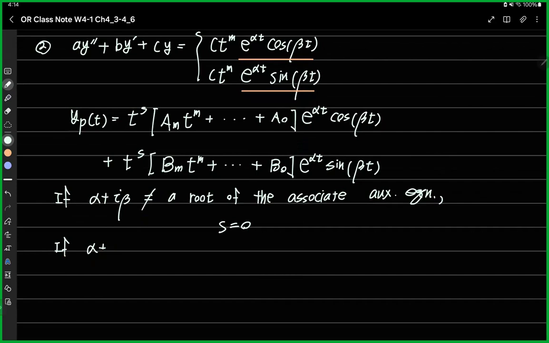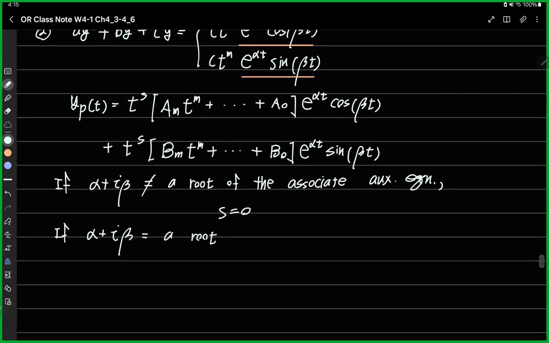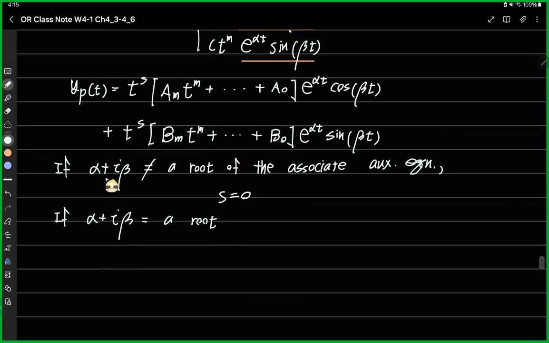If alpha plus i beta is a root, but in the case that the homogeneous equation has complex roots, we only have one case, distinct complex roots, right? So if alpha plus i beta is not equal to a root of the aux equation, then set s equals 0.